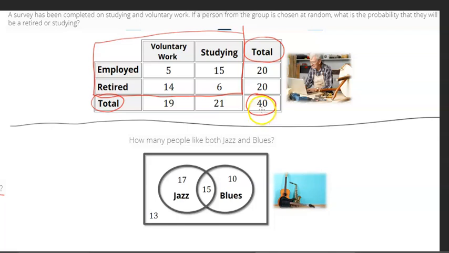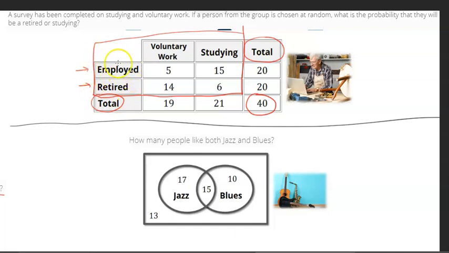So right now, there is a bit of investigating that we have to do because we have to figure out the different cells that belong to a person retired or studying, okay? So you can either be employed or retired. So you can either have a job or not have a job.